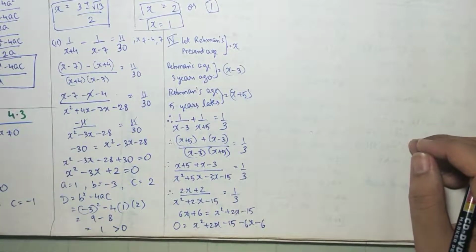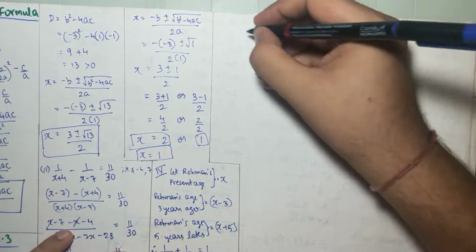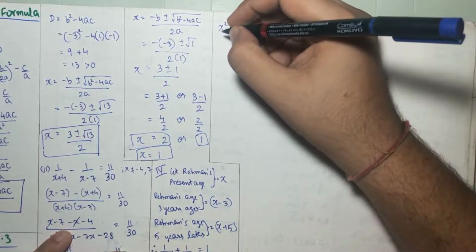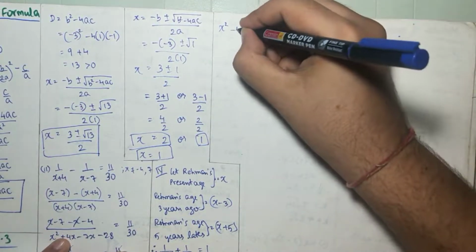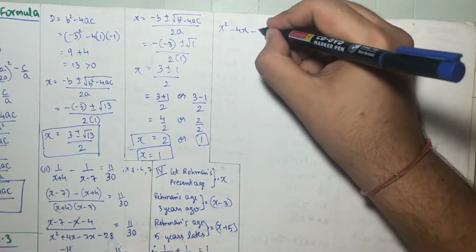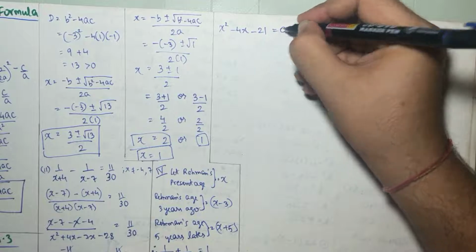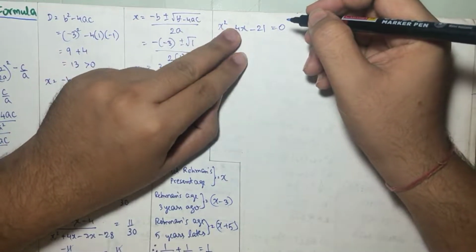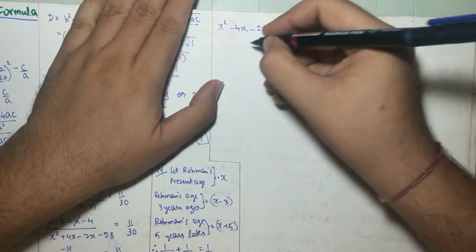Solving this, we will get x square, 2x minus 6x will give minus 4x, minus 15 minus 6 will give minus 21 equals to 0. We will get x square minus 4x minus 21 equals to 0.